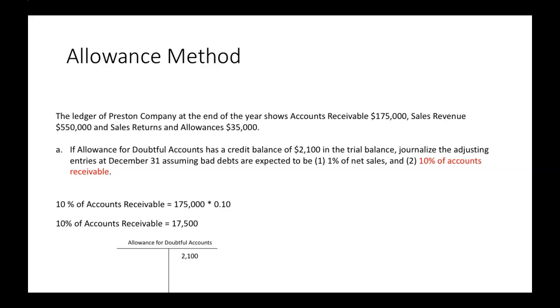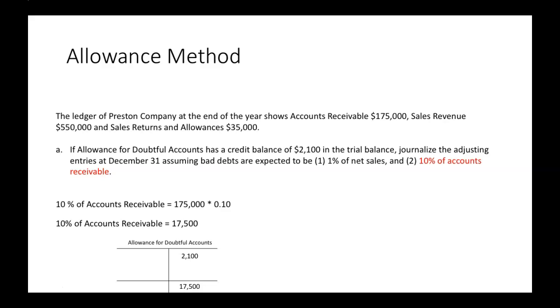And that's when we want to create a T account for our allowance for doubtful accounts. If we do that, it's going to be the easiest way to visualize what's happening. So we see that we have an initial credit balance of 2,100, so we put that credit balance there in our T account. And we just found that we want the ending balance to be 17,500.